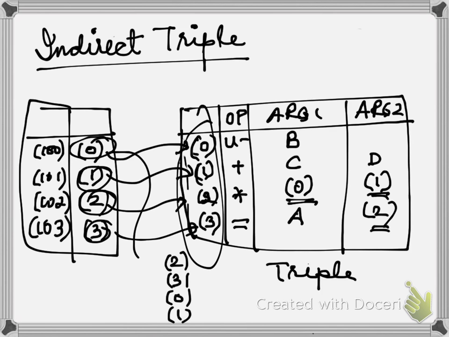The first one would be 2, so you change the pointer to 2, then you change to 3, then this you change to 0, and this you change to 1. So in your comparison, in indirect triple, this changing of the ordering of the instructions will not make much of a difference. Why are we talking about this? Because in optimizations we might need to do these interchanges.